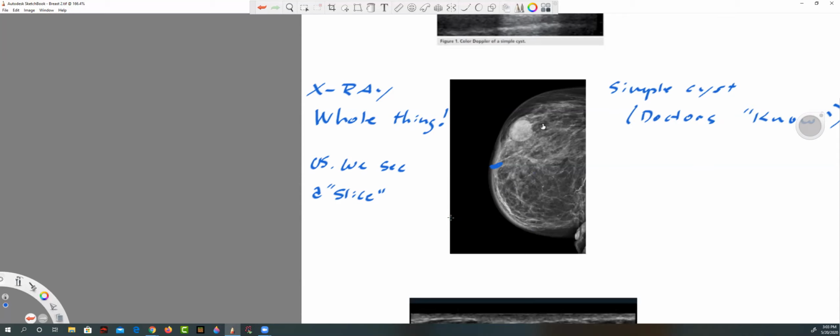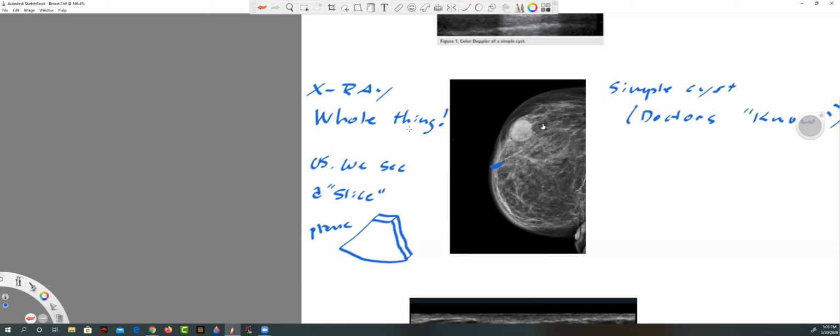We're seeing a thin slice. That slice might have some thickness, but that's it. Whatever we're seeing is all there is to see in that plane. We see a slice or a plane, and I think it's important to know the difference.